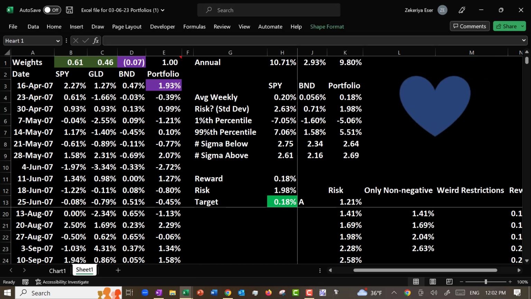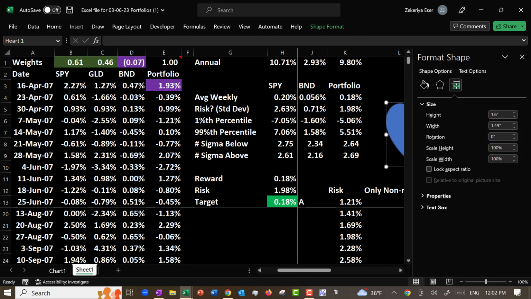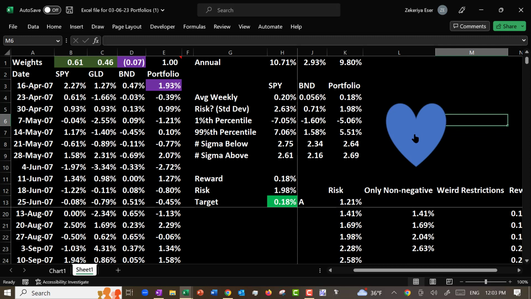I haven't worked on the properties of these. I can, don't move or size with cells. So if those cells are moved, that thing is going to stay there in its original form. I can also write a label on it.